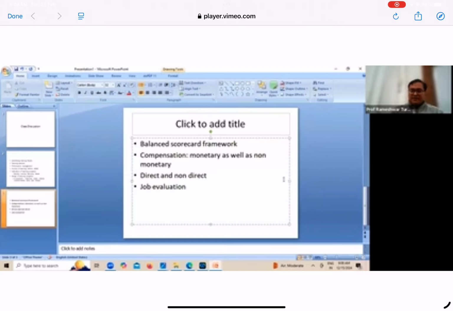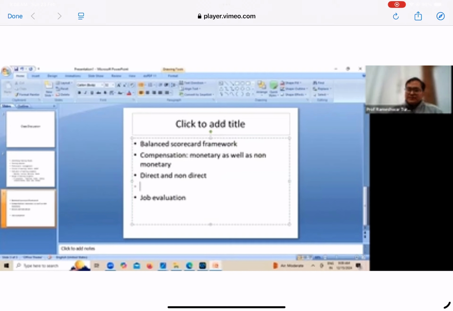And we said that while designing a compensation system for the whole organization, a hierarchy of payment will be there. Somebody gets the least payment, somebody gets the highest payment, and that hierarchy is decided. While deciding that hierarchy, one of the important things is the equity issue.